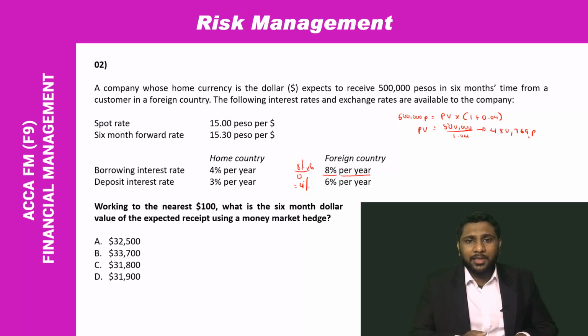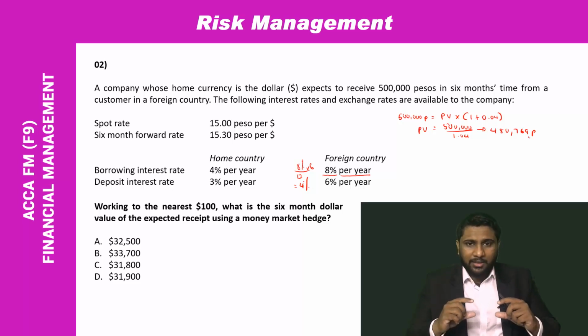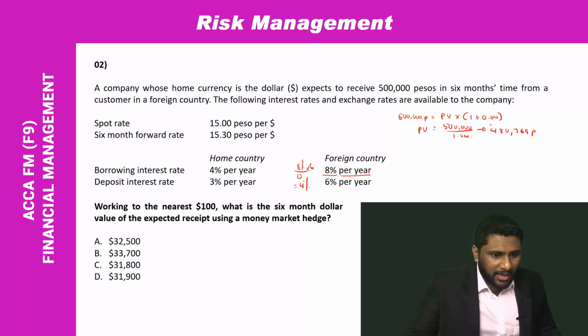So here we are not doing that. We are converting the pesos into US dollars using today's spot rate, because I have pesos with me now. So let's do the conversion using today's rate. With me I have 480,769 pesos.